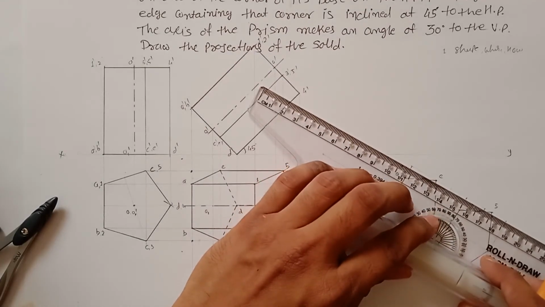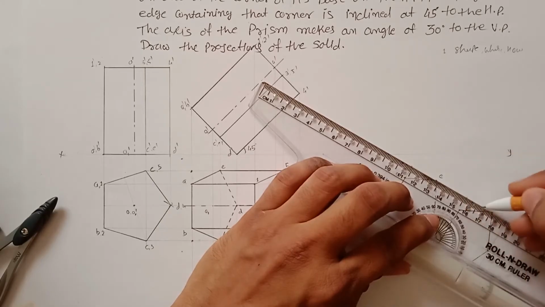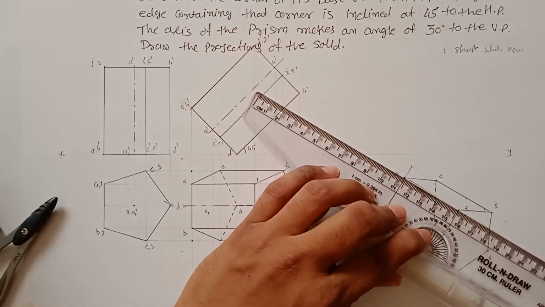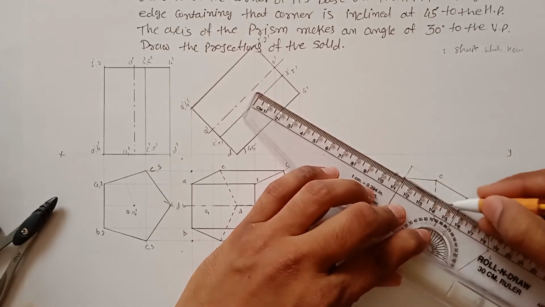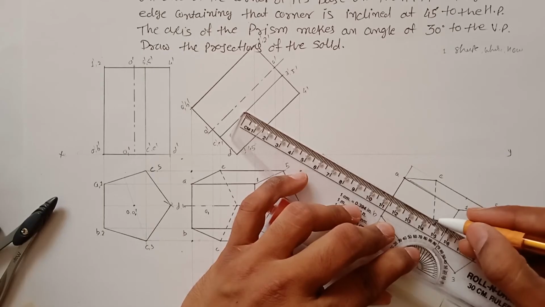Now join the respective corners. This is drawn with a dash line.